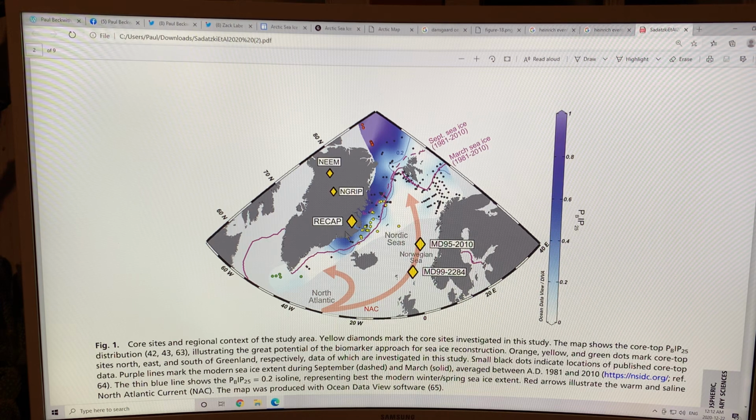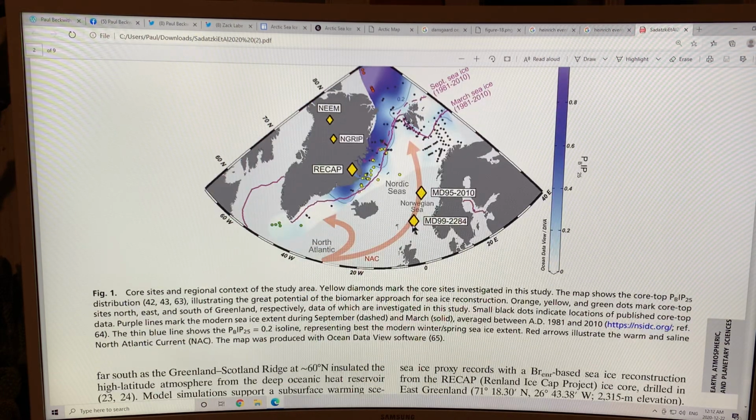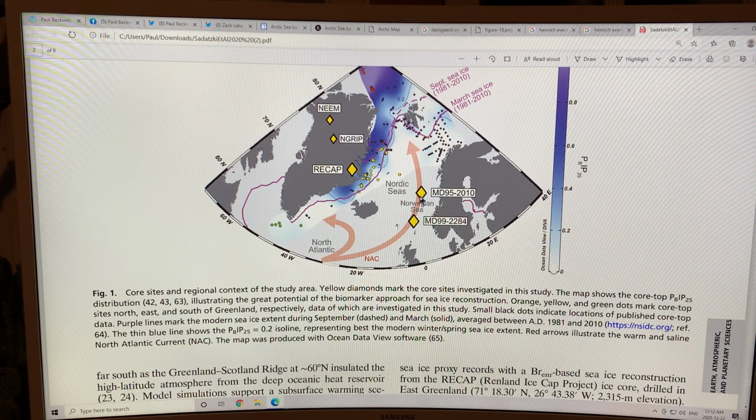So here's Greenland, and here's Scandinavia. Here's the Norwegian Sea. These diamonds are where the seafloor sediment core samples were taken, and these are the ice core samples on Greenland. And these dots here, they're using these biomarkers.